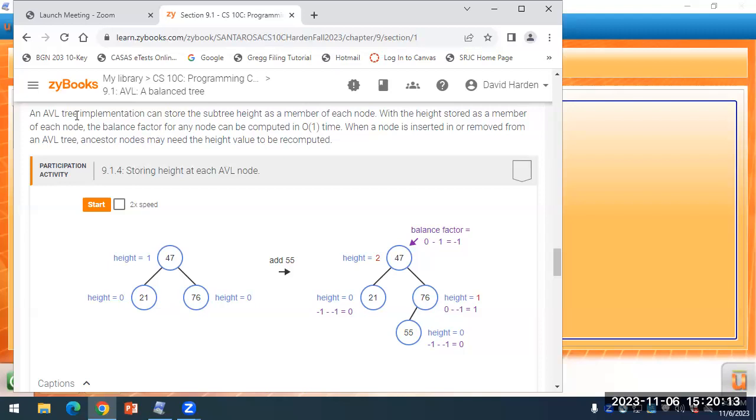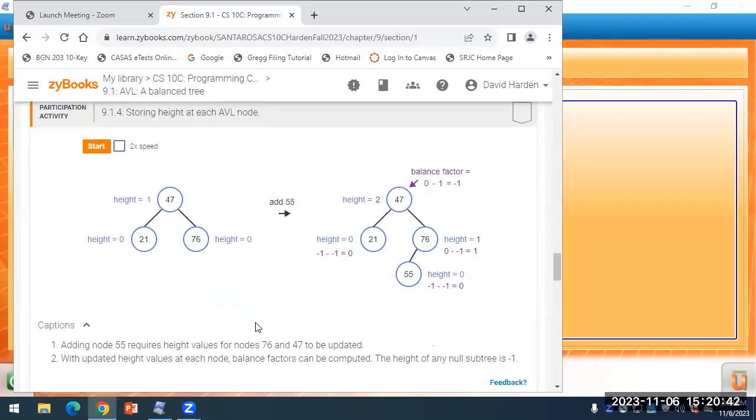So every time we do an insertion or a removal, we're going to have to recalculate some of the heights that are stored in the nodes. With the height stored as a member of each node, the balance factor for any node can be computed in big O 1 time. Just subtract the 2 heights, right?